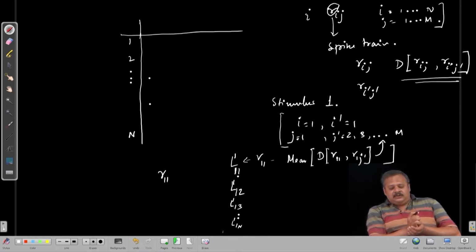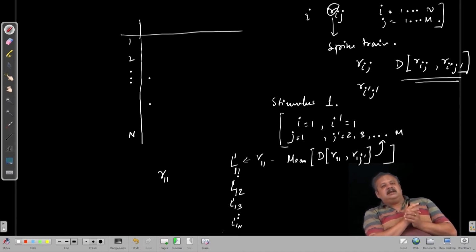If it is closest to the third, and L superscript 1 subscript 11 is larger than L superscript 1 subscript 13, and let us say L superscript 1 subscript 13 is the smallest in this set, then we will say that since it is closest to the third stimulus, the first spike train has been produced by the third stimulus.